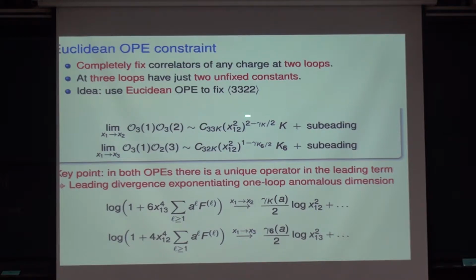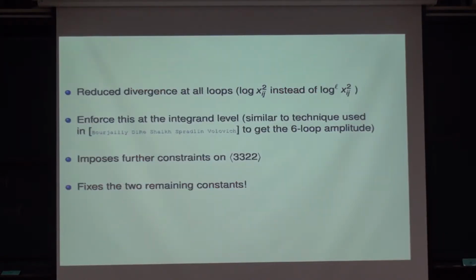If there was more than one operator, then there would be a problem with what I'm about to say. But because there's one operator, it means that essentially the leading divergence exponentiates. There's one anomalous dimension, one operator, and therefore if I take the log of a certain combination of the full correlation function, it basically gives me gamma_K times the log of x12 squared. Again, if there were more than one operator, then I couldn't say that. But in these two cases, I can, and then I can use a similar trick to the one I mentioned previously.